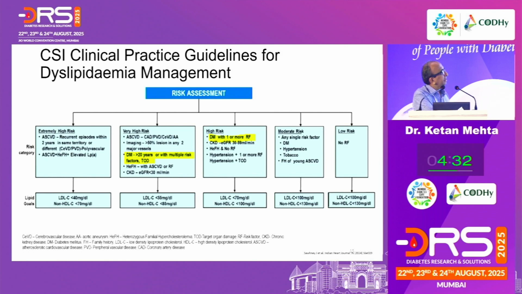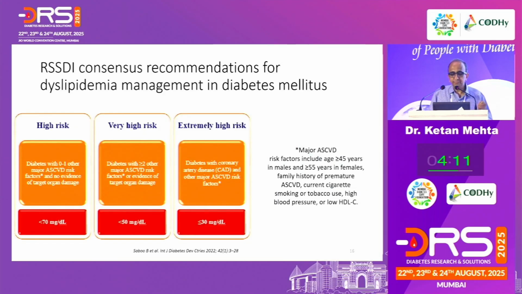Even they have put diabetes with 1 or more risk factors as high risk, and diabetes of more than 20 years with multiple risk factors or target organ damage as very high risk. Now their target is a little different. Instead of 50, they are saying less than 55. And for high risk, it is less than 70.